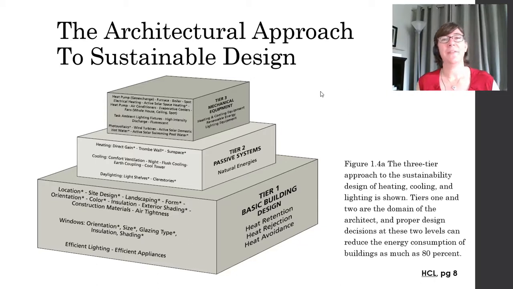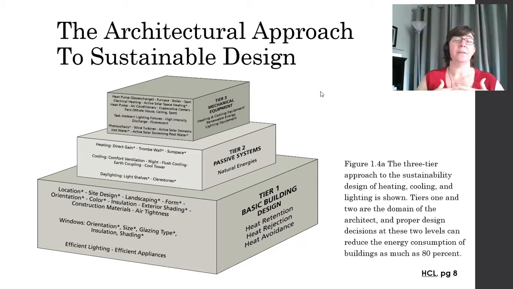So how specifically can we as architects affect the sustainable design of buildings? Isn't that all the mechanical engineer's job? Turns out not so much. Architects have an enormous influence over the energy consumption of their building. And one way to think about it is this three-tier design approach. Every building you design is going to include all three tiers.